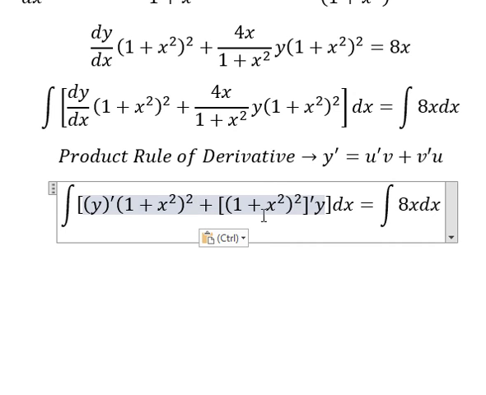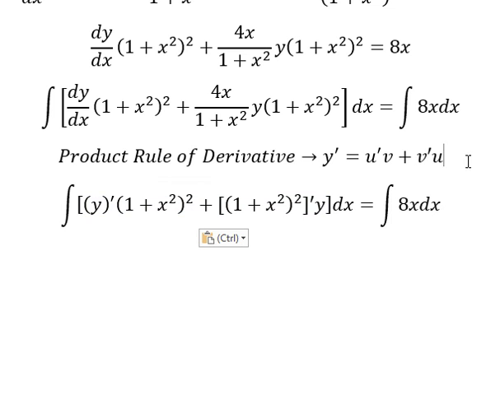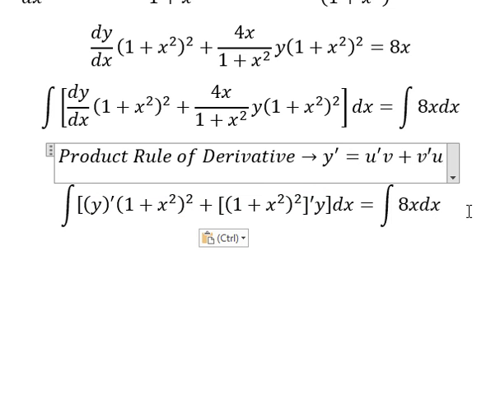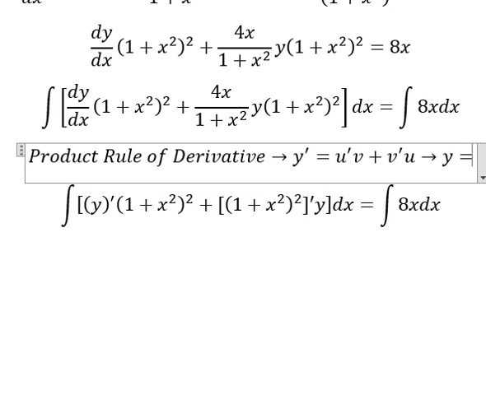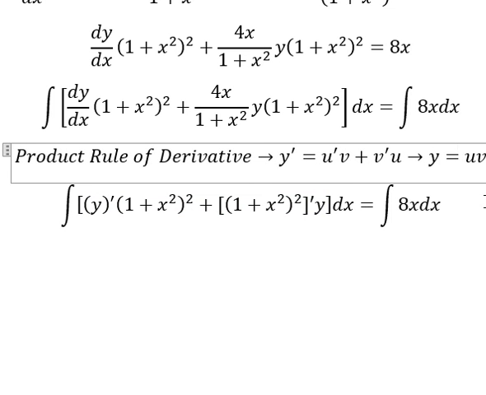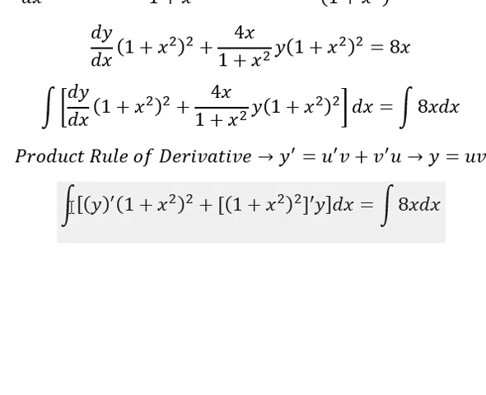So this is the first derivative of u multiplied by v, and this is the first derivative of v multiplied by u. So if we do this integration, you will get y equals uv, and that means you will get y multiplied by (1 plus s squared) to the power of 2.